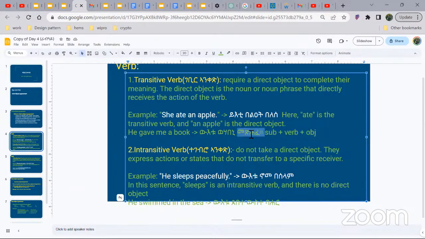But without the marking, that would be a problem, because at this time I don't know whether it is an object or a subject. If it is a subject it should take one form, and if it is an object it should take another, okay?